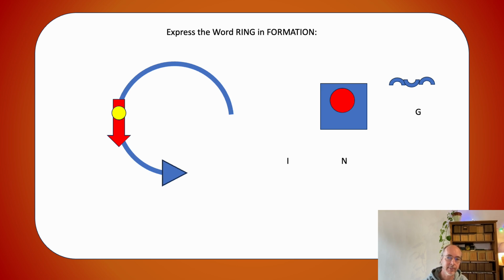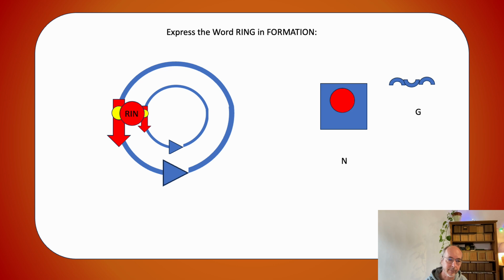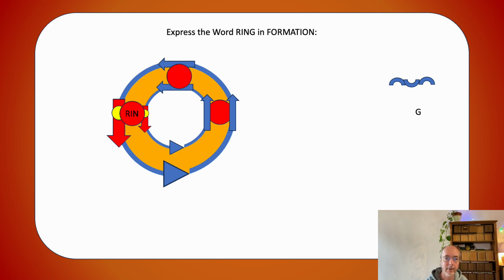So here's the E in it, and we're already at the interconnection of the N. And of course, I have to insert the volume in it, the volume in the insertion, everywhere until I have the ring.